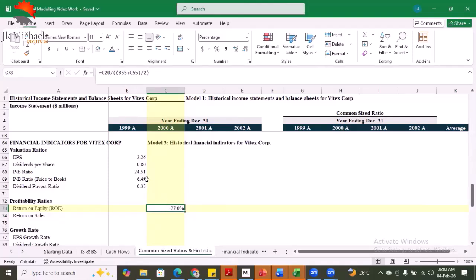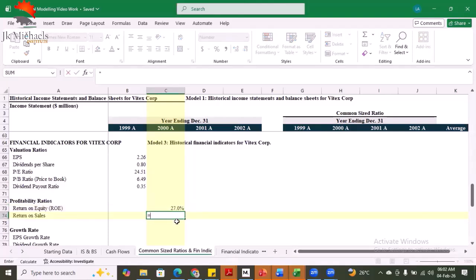Net income as the numerator, and then of course the average of the equity between 1999 and 2000 as our average equity.